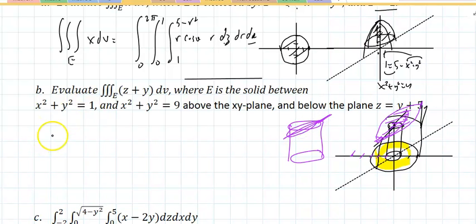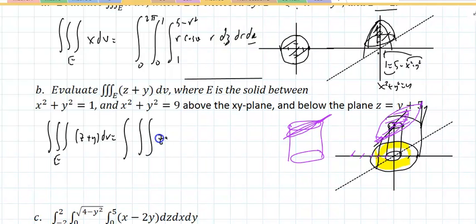Well, we want the triple integral over E of z plus y dV. That's going to be the triple integral of z, z plus r sine theta, times r dz dr d theta.